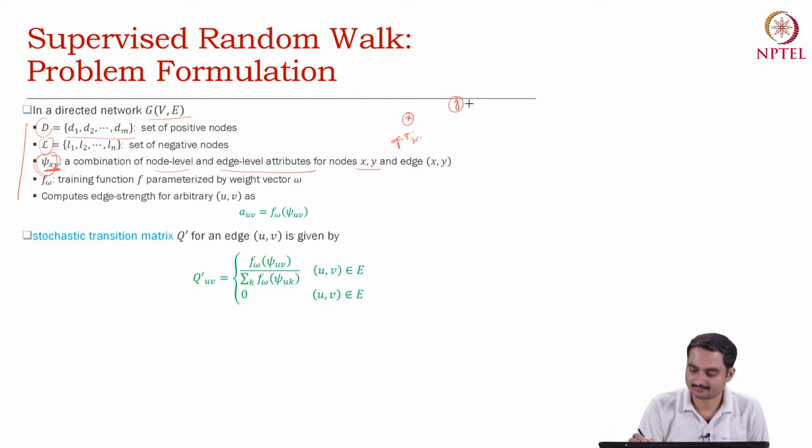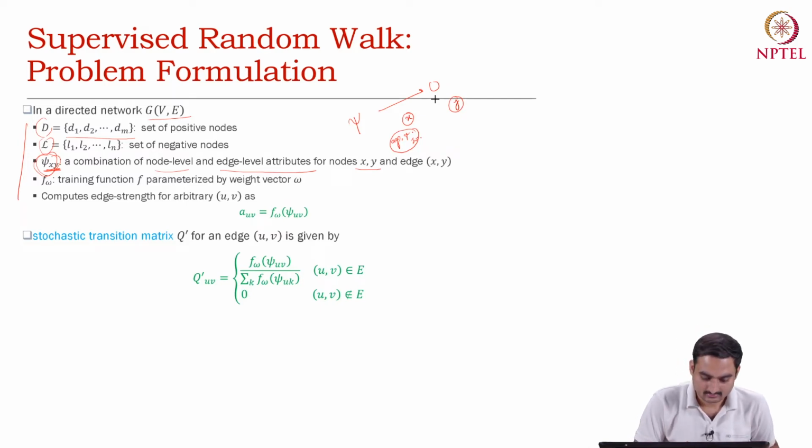Let's say x and y are not connected, so we can come up with the function psi, which takes into account the attributes of x and y and produces a real value, and this real value indicates the strength of the pair of nodes.